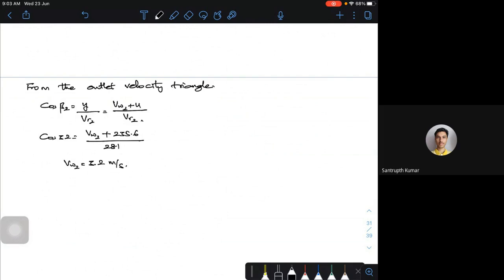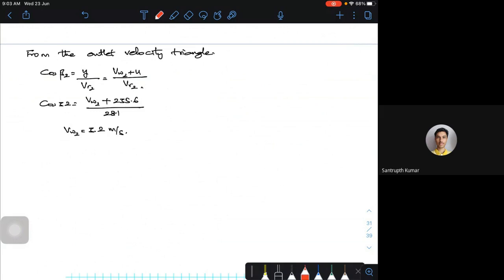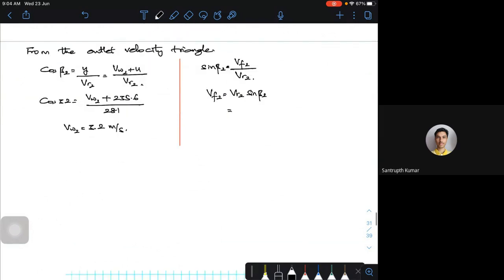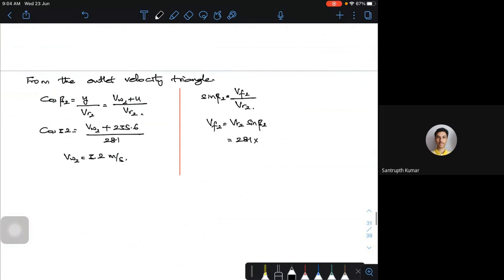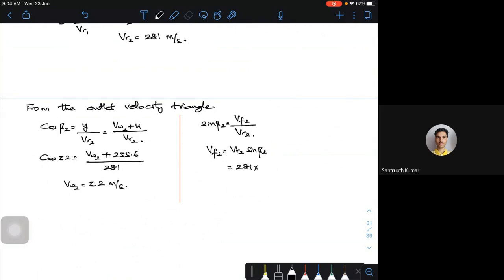Now similarly, from the same outlet or exit triangle, what is sin beta 2? Sin beta 2 is equal to VF2 divided by VR2, or VF2 is equal to VR2 into sin beta 2. So VR2, just now we found, is 281. Sir, I think there is a difference in VW2 answers. How much are you getting? 2.6. Okay, roughly how much?